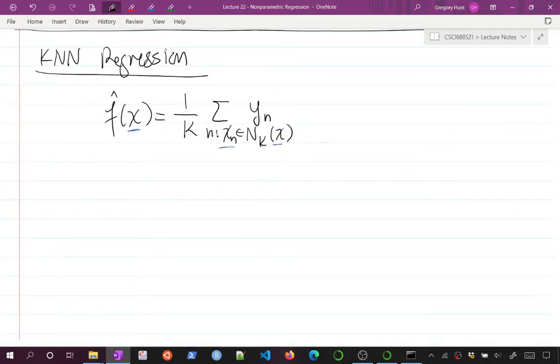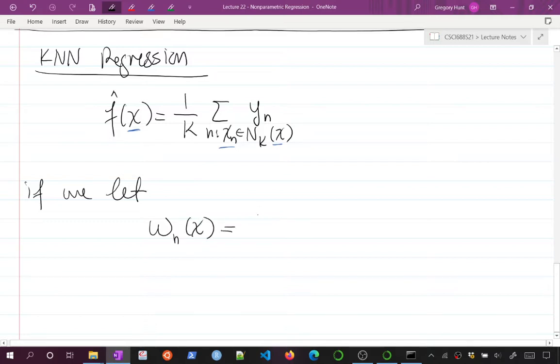Now, the reason I like writing it out this way is because you can see that it's an average or a sum. And we can write it in some fancier ways. For example, let's define w n of x to be the indicator that xn is in this k neighborhood of x.